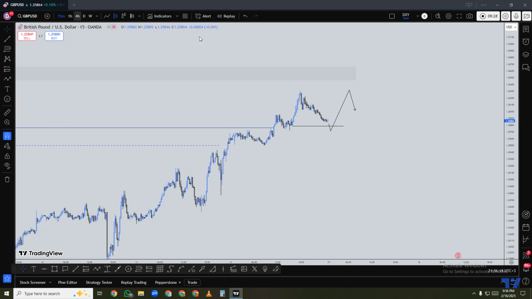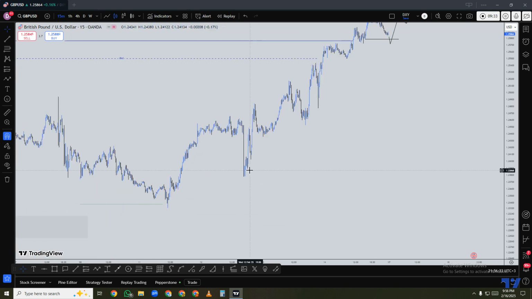So for the GBPUSD, expect for us to sell massively to the downside all the way to this level, all the way to these levels.